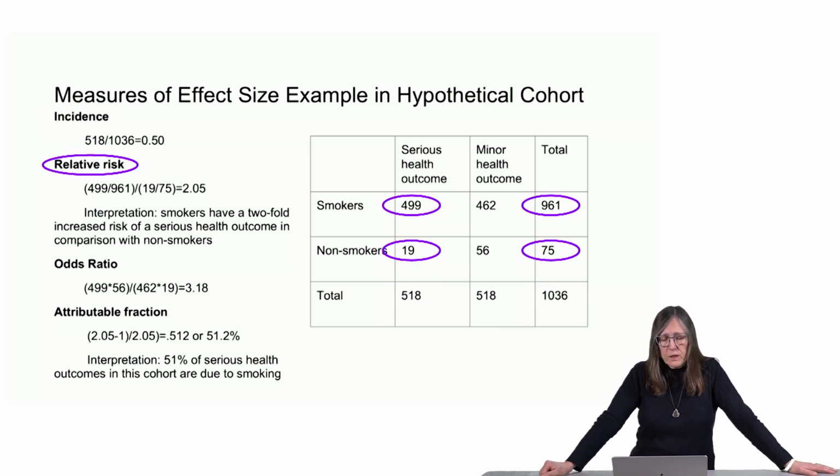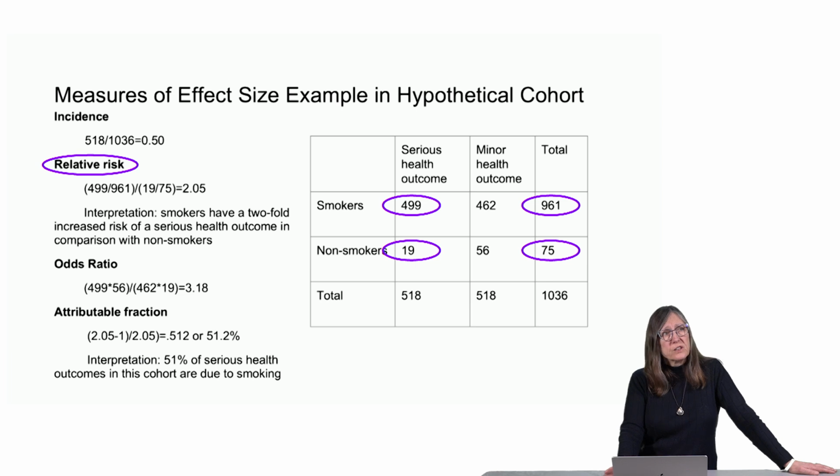Our next one is our relative risk. And again, that's a comparison. So looking at 499 divided by 961, the number of smokers who developed a serious health outcome divided by the total number of smokers, compared with the number of non-smokers who developed a serious health outcome divided by the total number of non-smokers, that gives us our relative risk of 2.05.